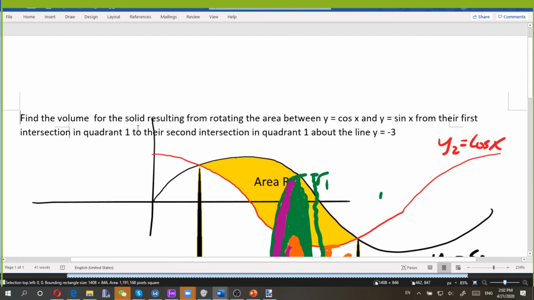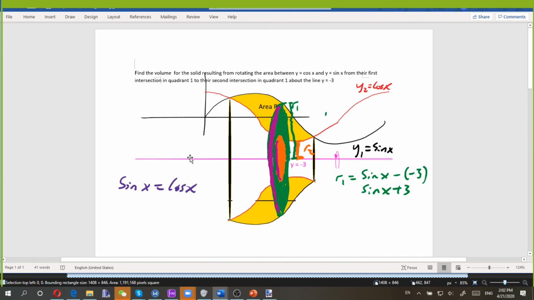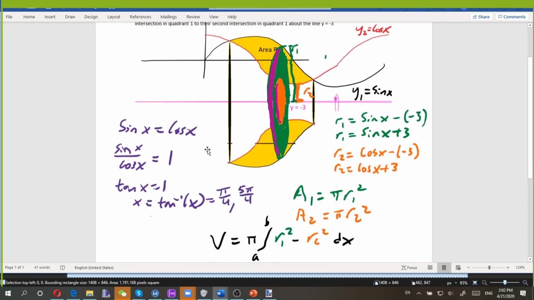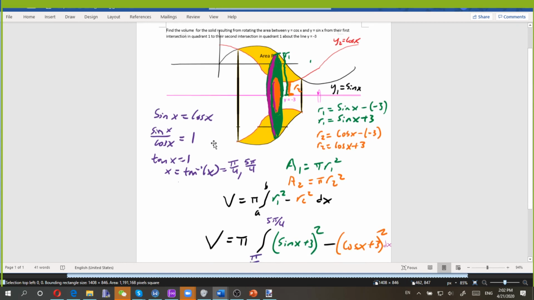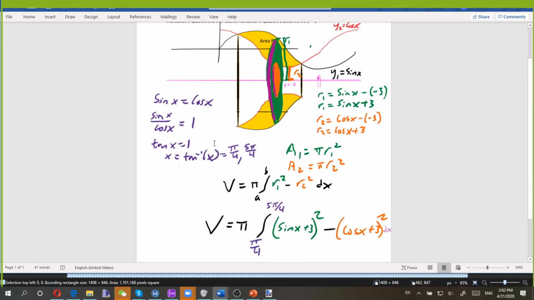Okay, any questions on our setup for the volume? No. Okay, so last part we need to integrate.